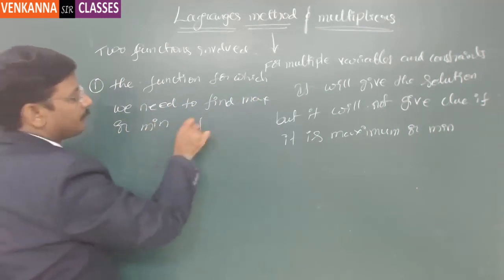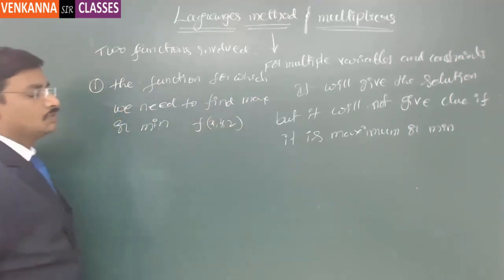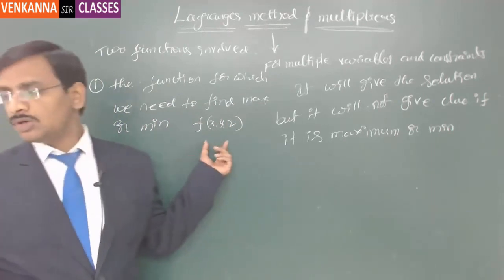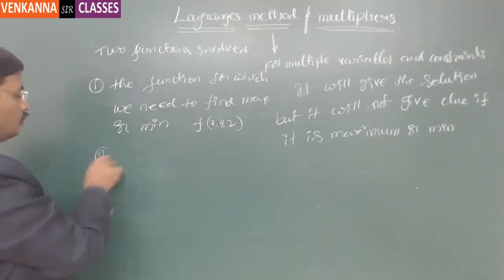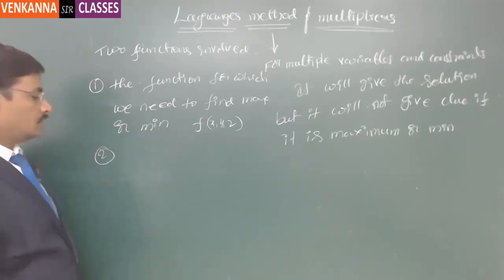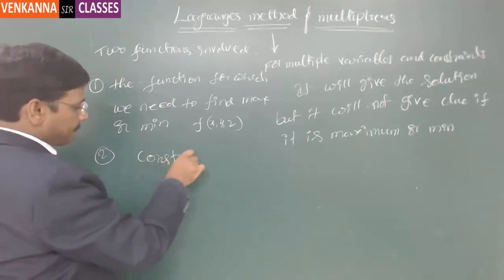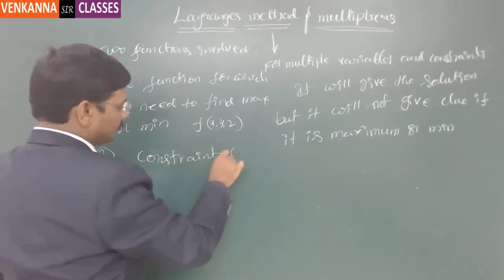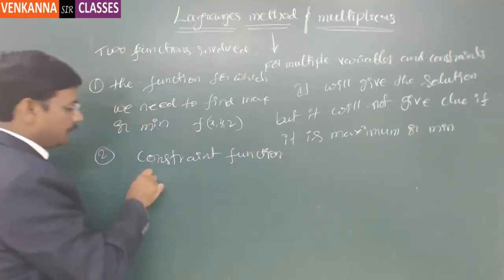This is usually represented as f of x comma y comma z. Now the second one: you may have 2 or 3 functions, and those are nothing but the constraint functions. It can be 1 or more.